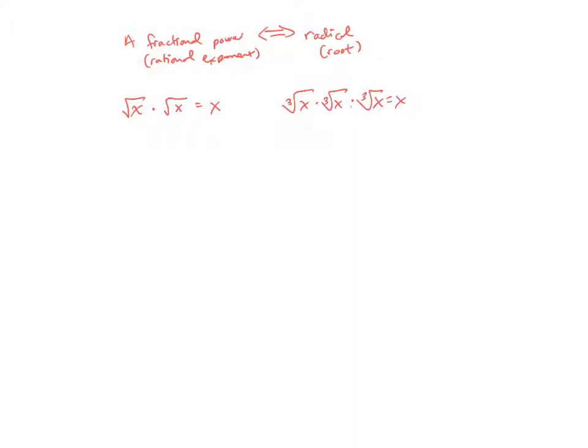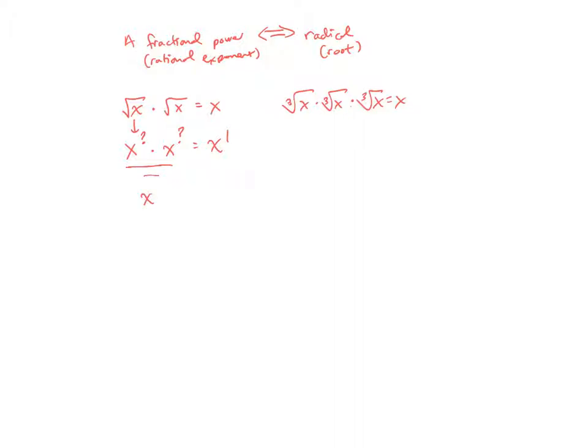Now, I'm telling you that a fractional power is representative of a radical of some sort. So if I wanted to figure out what the power was that represents a square root, I could write x to some power. I don't know what that power is, but whatever it is, I would be multiplying it by the same thing, because square root of x times square root of x would give me x to the first. Now, when you multiply things that have the same base, you add the exponents.